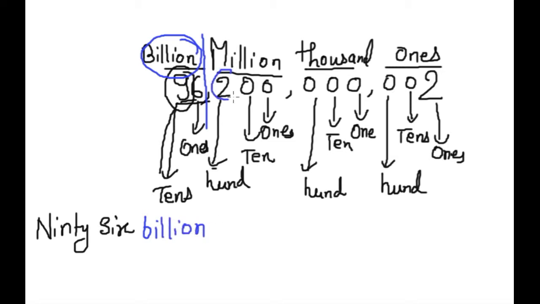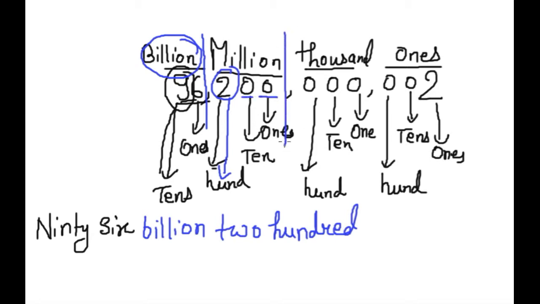Now come to 2. The place value of 2 is 100. So 2 100. This is 0, this is 0, and this period is over here, so we will write million directly.